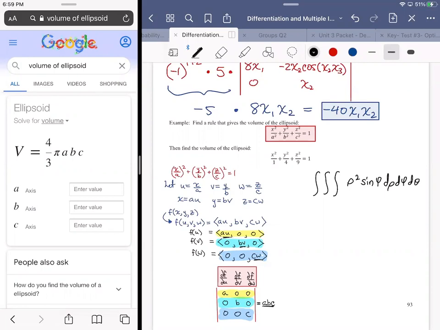What we're looking at is a unit sphere: rho from 0 to 1, phi from 0 to pi, and theta from 0 to 2 pi, spinning it around to give you a sphere.